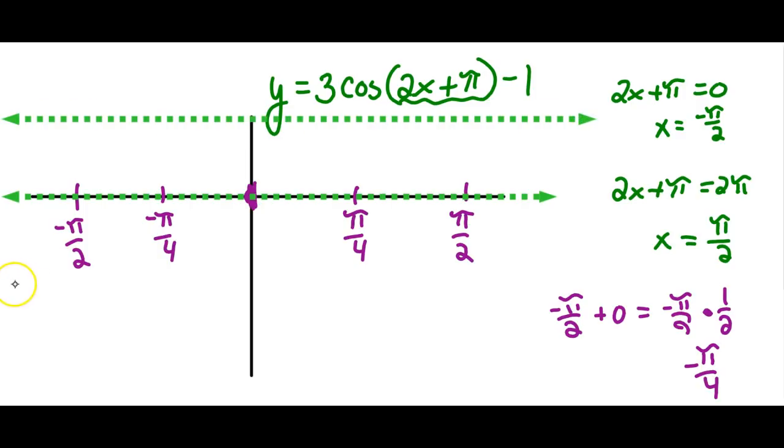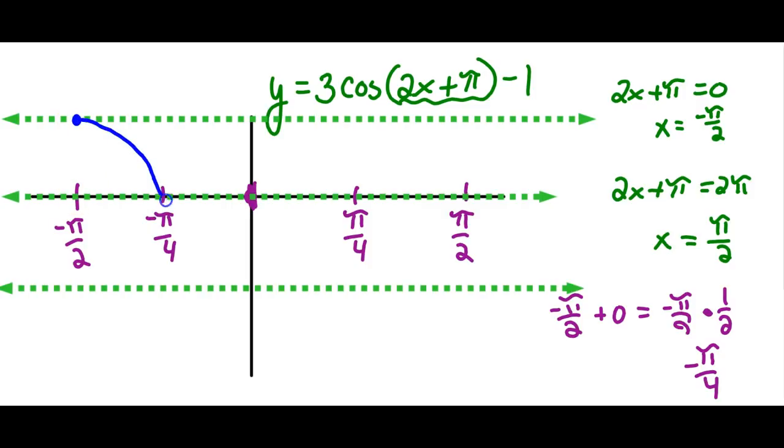I'm going to go down 3. And normally, my graph would look like this. I would say, okay, I'm going to start at the top. I'm going to go down like this. I'm going to hit down below, and then go up like that. That's without the minus 1, but with an amplitude of positive 3 and negative 3 right here.